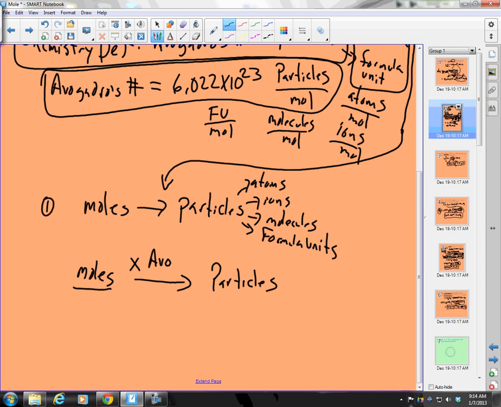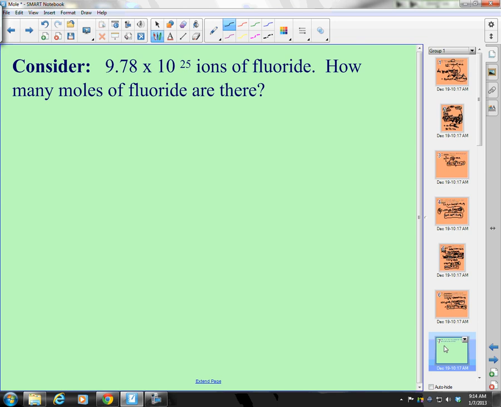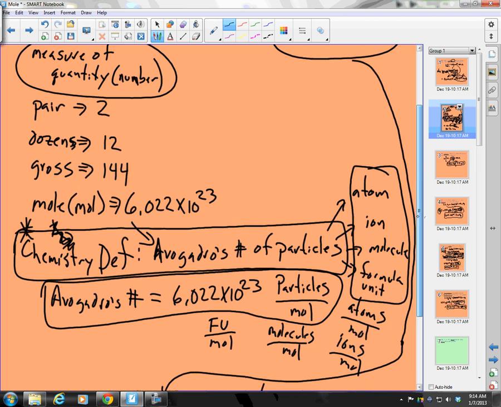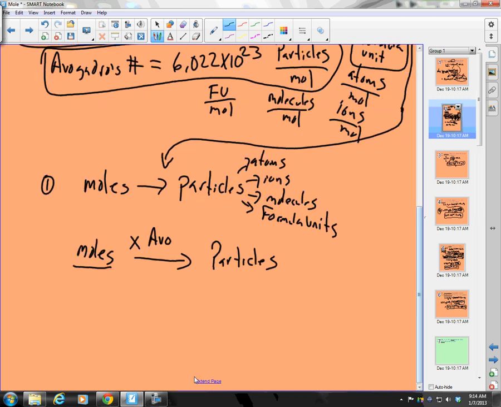Now, let us take a look at this one. Beautiful color, right? Consider 9.78 times 10 to the 25th ions of fluoride. How many moles? So I'm going from ions to moles, okay? Well, that's another calculation. What are ions? Ions are a particle.